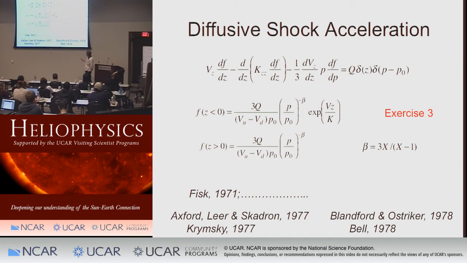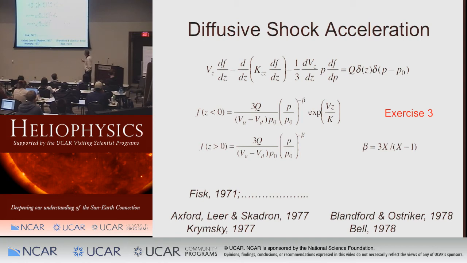It's a balance between diffusion upstream and convection back to the shock. If you have very small diffusion coefficients, that foot is very close to the shock surface. If k is very large, particles can scatter a long way upstream and then back to the shock.